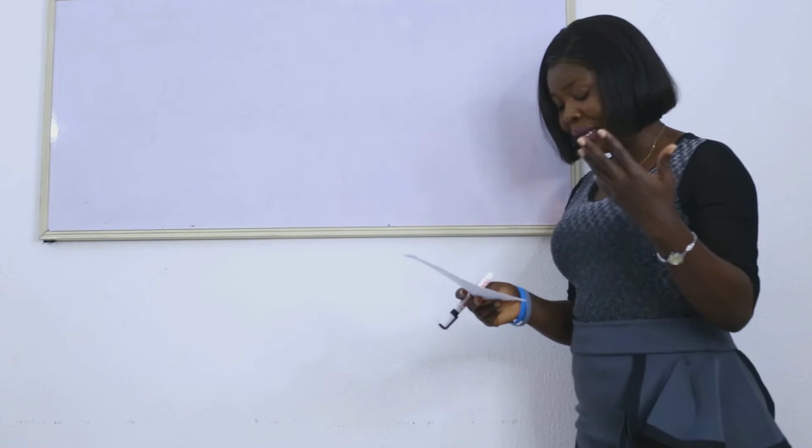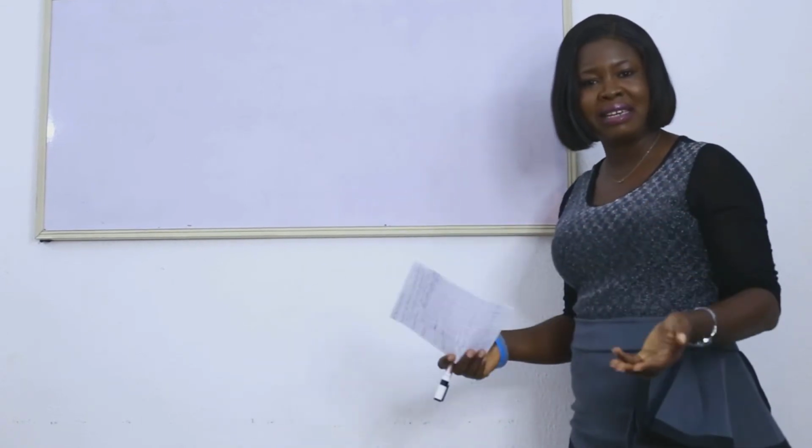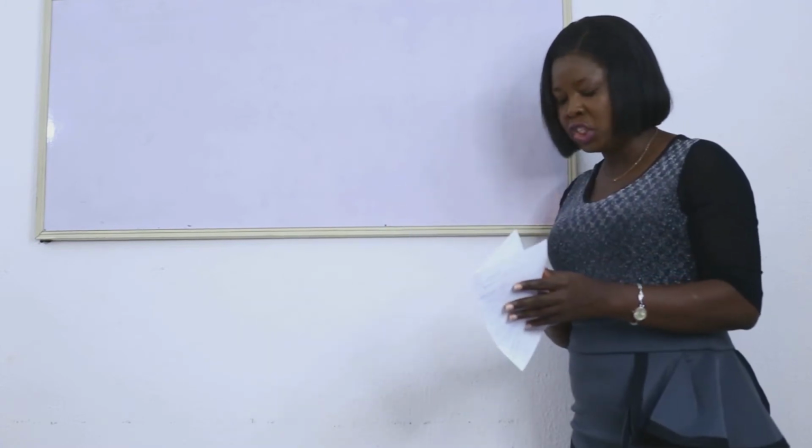When it represents three characteristics, we call it triple tabulation. When it represents four characteristics or more, we call it manifold tabulation. The distinction between a simple and a complex table is based on the number of characteristics represented on the table.